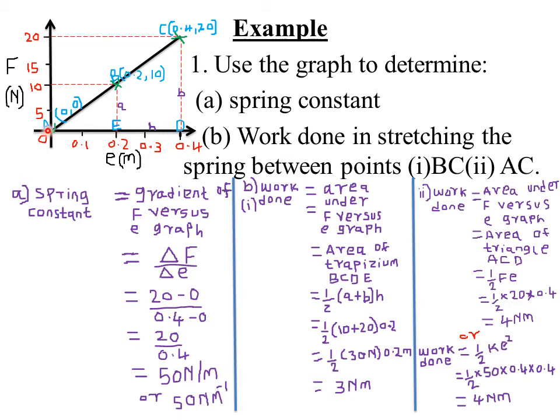That is the right angled triangle ACD, and the 90 degrees will be at point D.